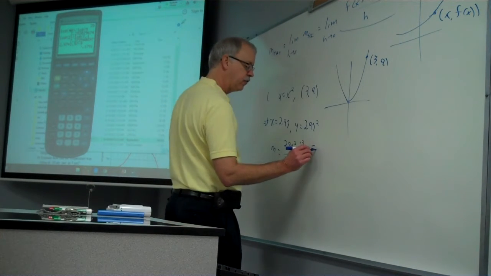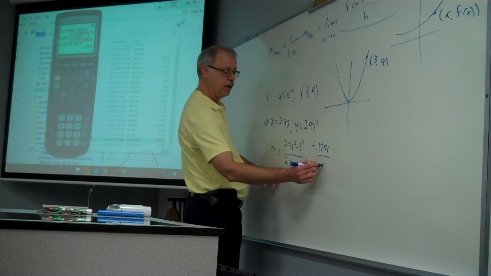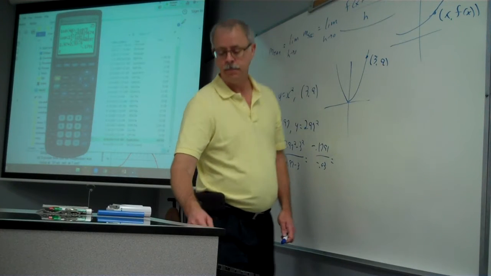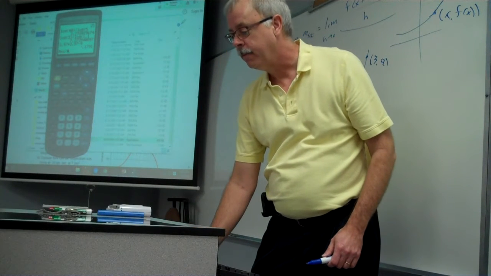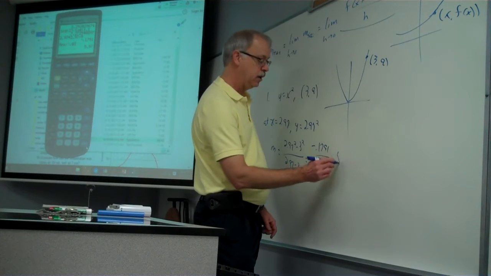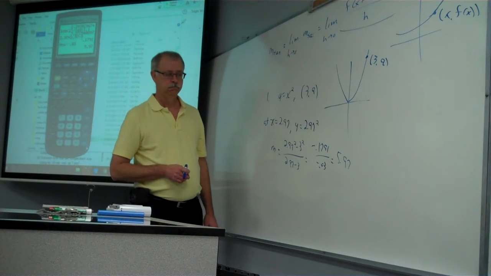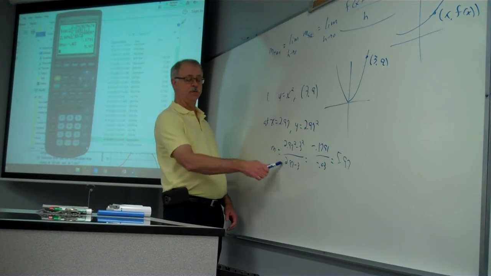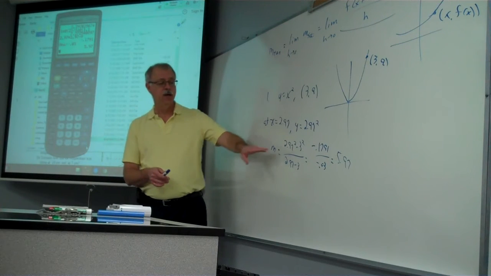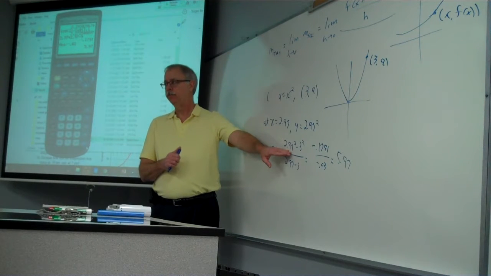So we get negative 0.1791 over negative 0.03. And we get a slope here of 5.97. So change in y over change in x, we just do that computation. Now the computation is more complicated because we have to pull out a calculator to do that computation.